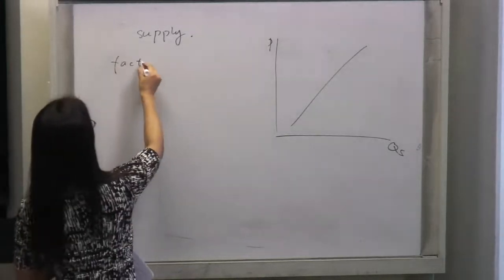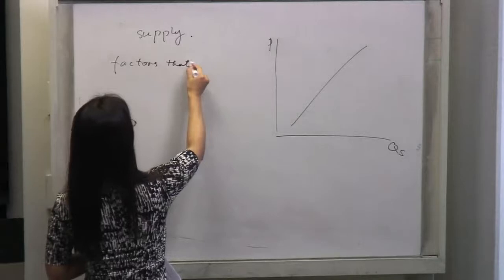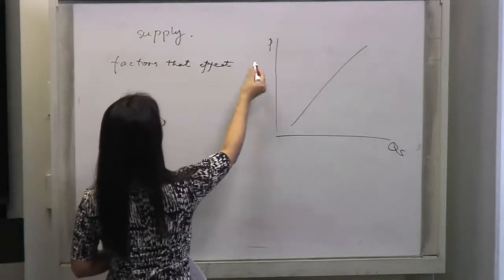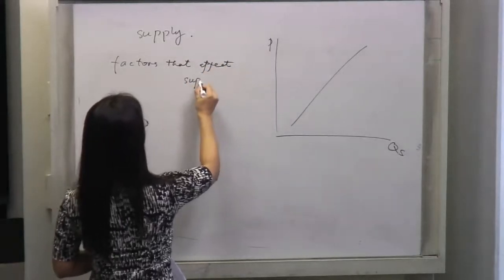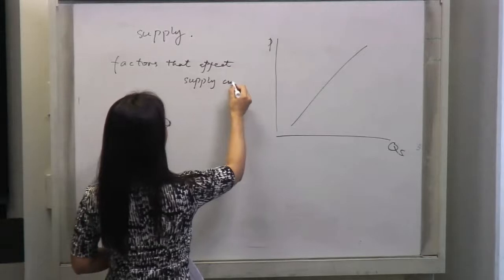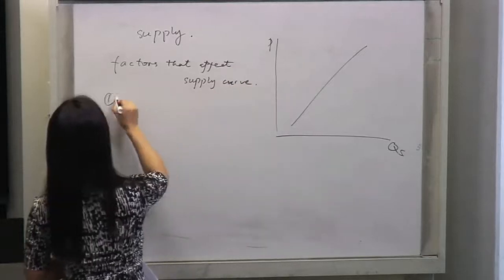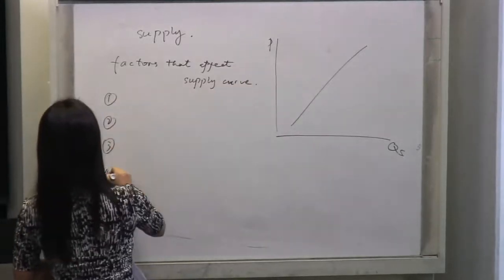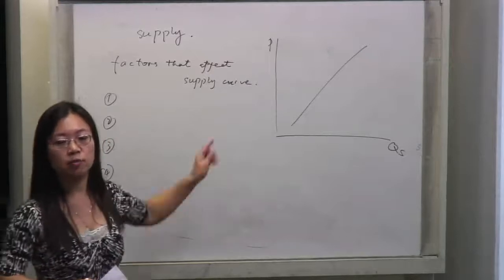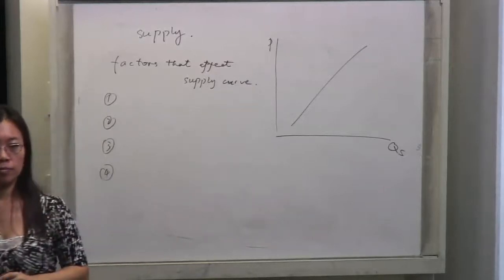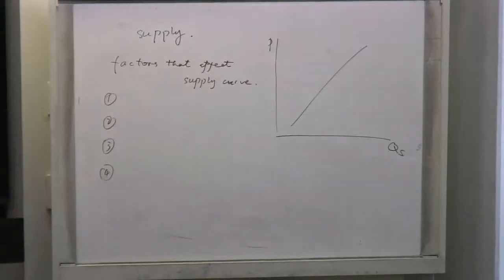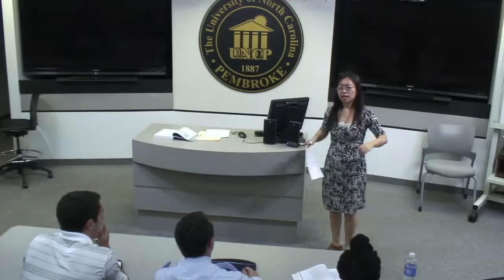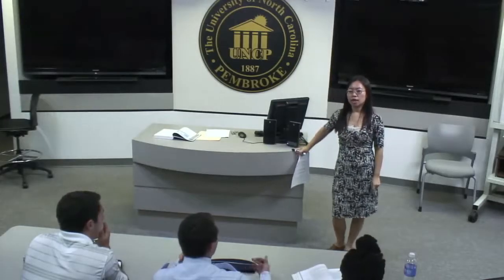What are the factors that affect the supply curve to shift? Resources. If you find more resources, you can produce more.